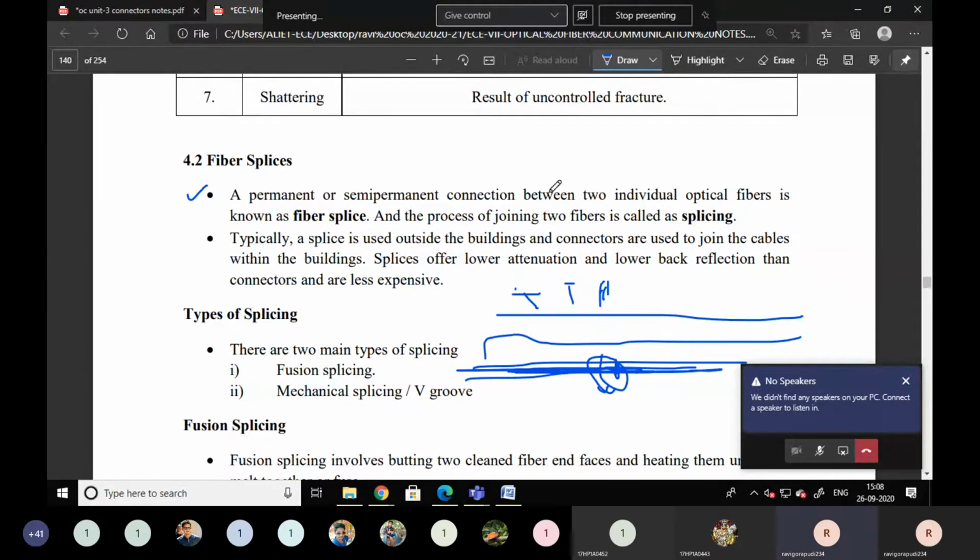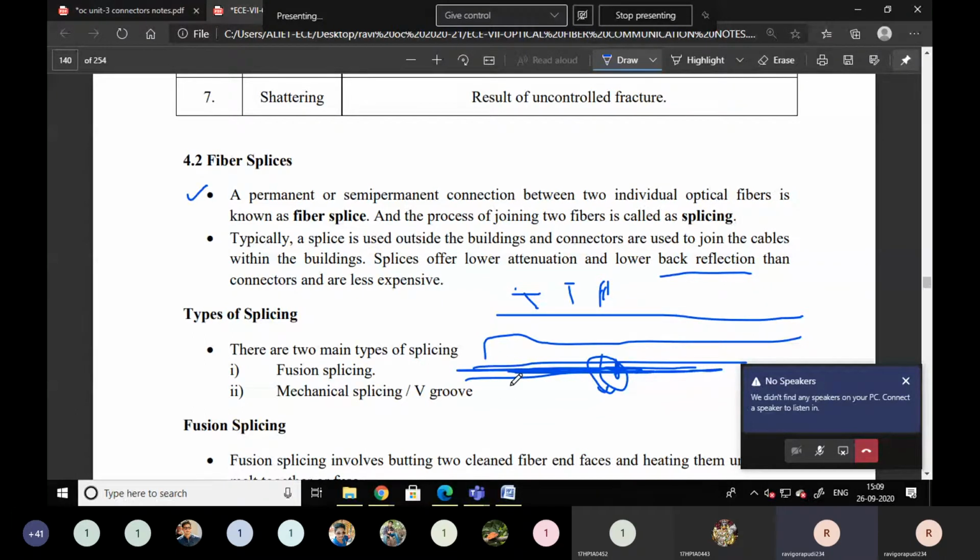If anybody asks the differences between a connector and a splice, you have to tell all those points. Splice cost is less, connector cost is high, and splice loss is low. Reflection loss, or back reflection loss, is less in splices and high in connectors.